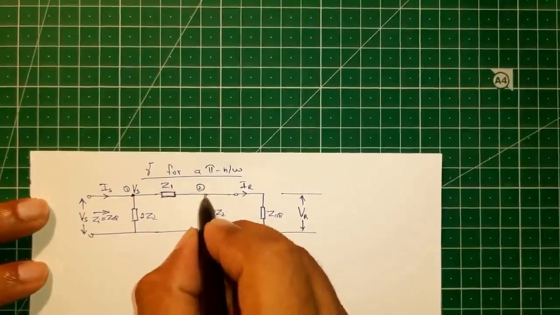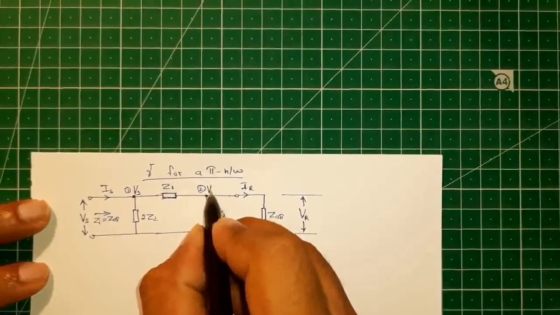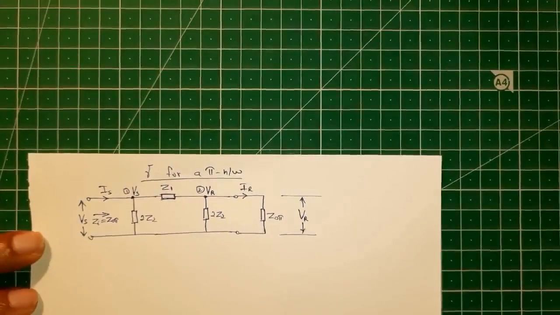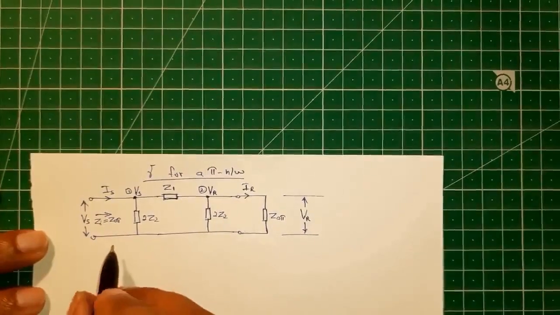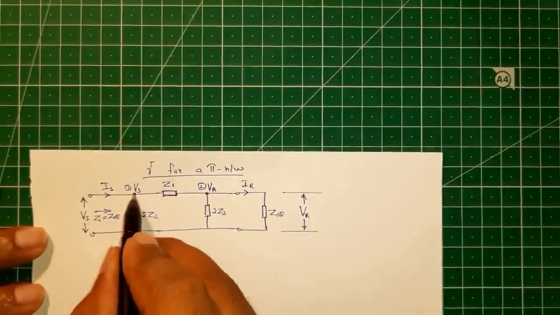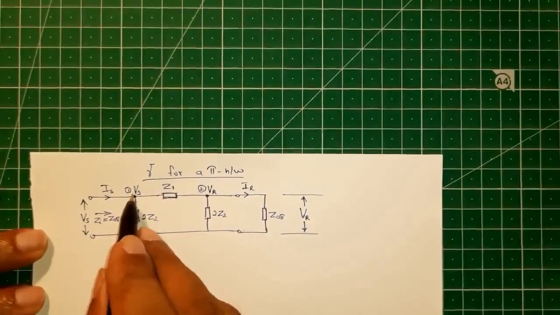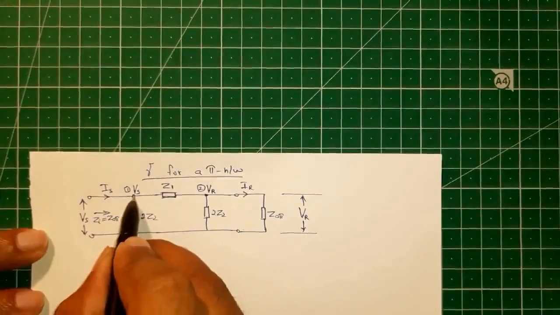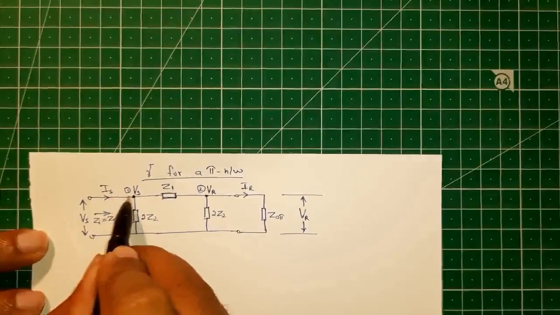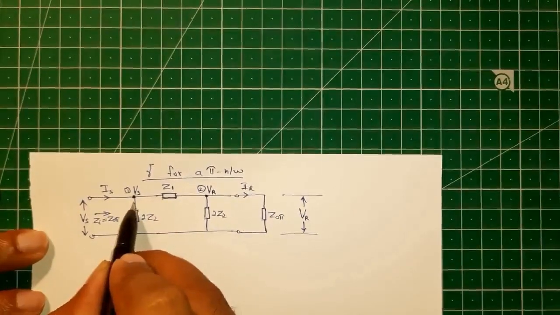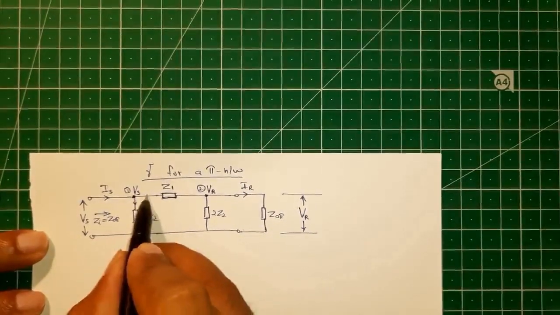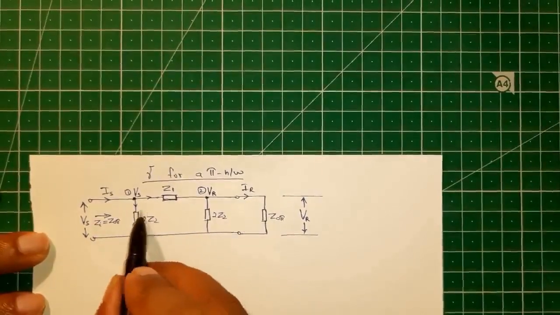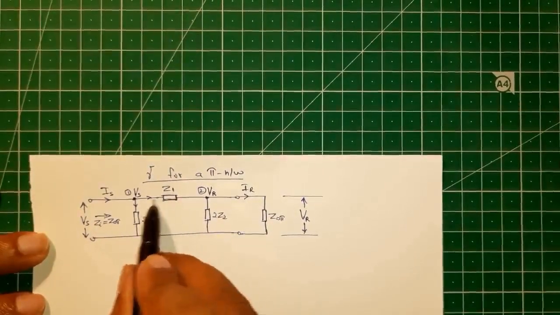So the voltage at this particular node will be equal to VR itself. Now, for this particular pi network, we will be writing Kirchhoff's current rules for node 1 and node 2. So for this particular node, we have an incoming current IS, and we have two currents leaving this node. One is going to flow through 2Z2 and one is going to flow through Z1.